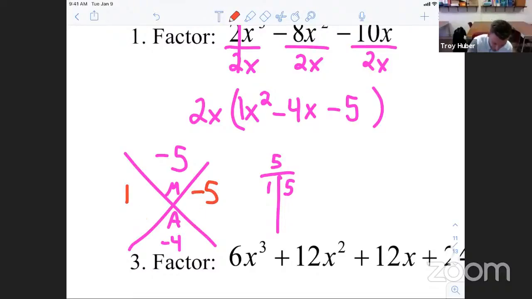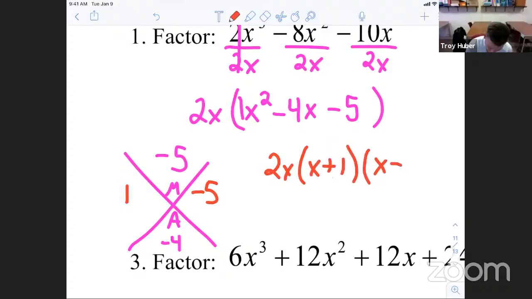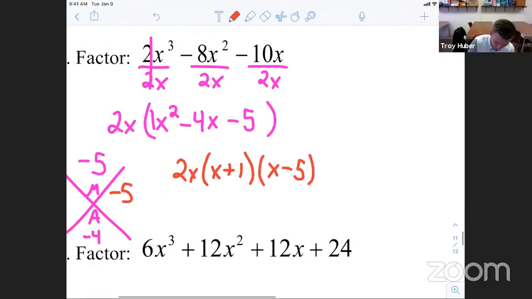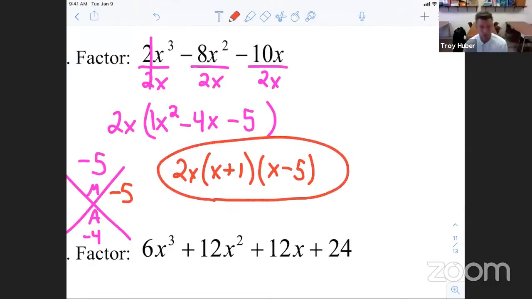Now I can write my final answer here. This would be 2x times x plus 1, x minus 5. And now this is completely factored for our first problem.